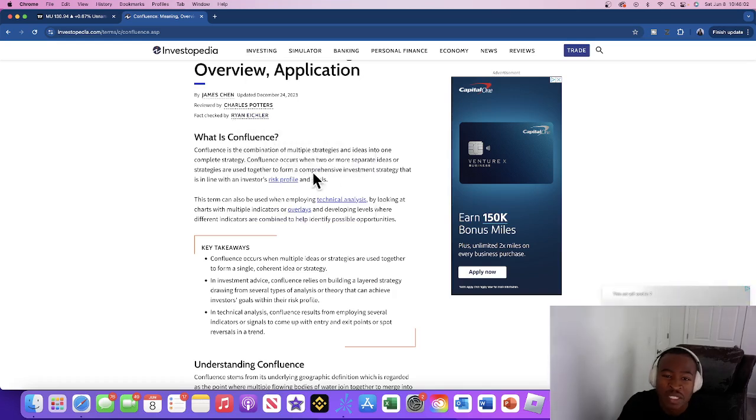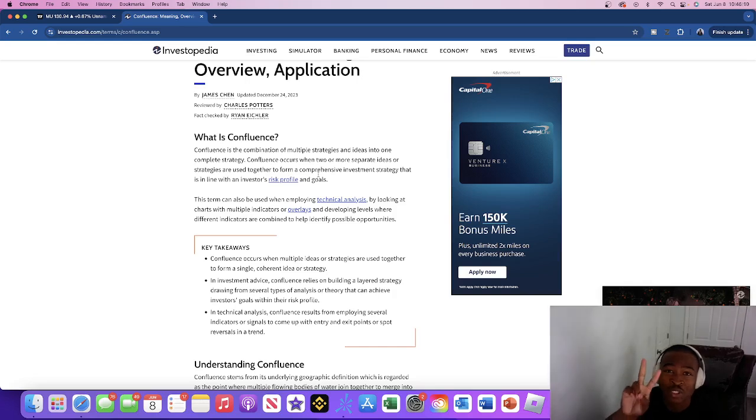Okay, so basically dumbing this down, it's saying that when you're using Confluence to trade, you want to find at least two or more. So the baseline is two. I like finding at least three confluences to really nail down my trade before I take a trade, right? And that's going to give you way better odds. The more confluences that you have in a setup, the better.